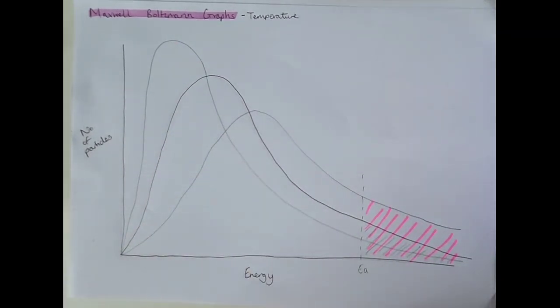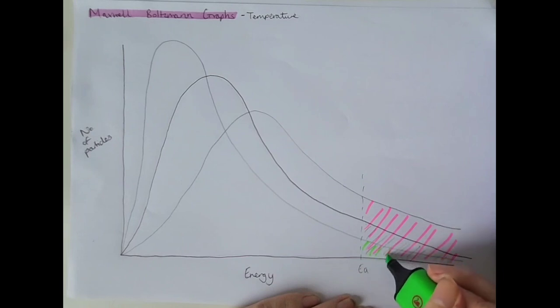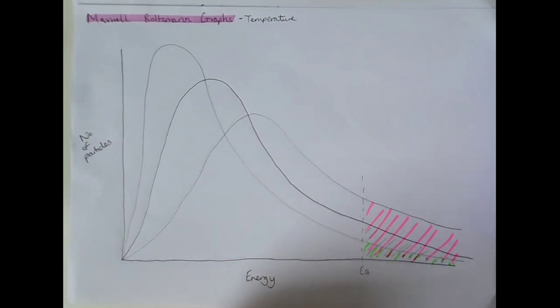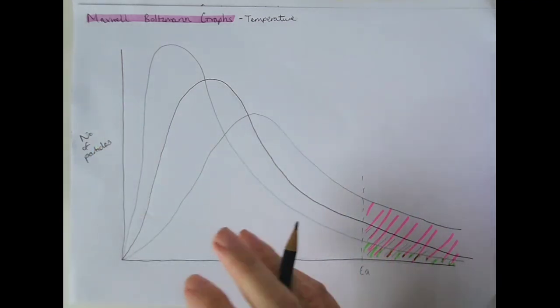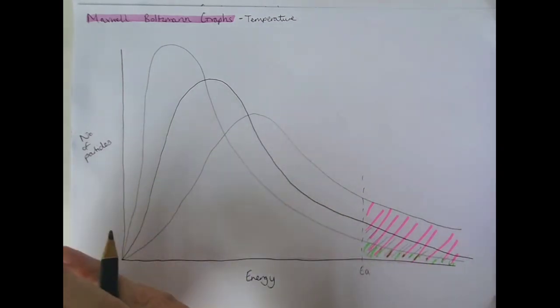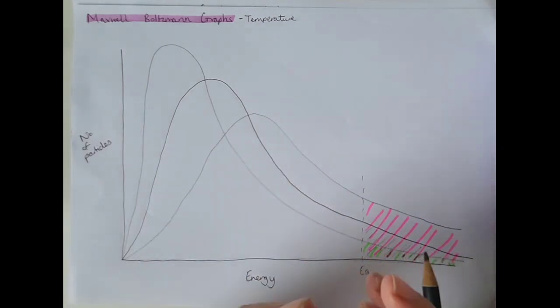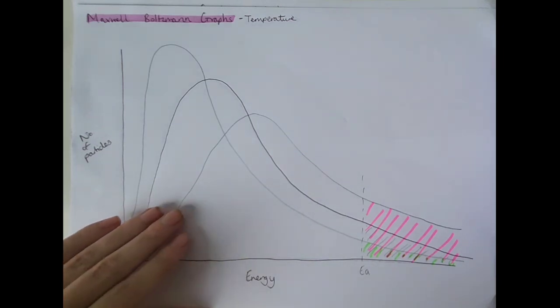And we should be able to see, again, over our activation energy, fewer particles available to react. So you need to be very careful with these curves for temperature, that you do move them to maintain the number of particles as the same. The area under all three curves should be equal because the number of particles has not changed. You do not change the number of particles with the temperature.